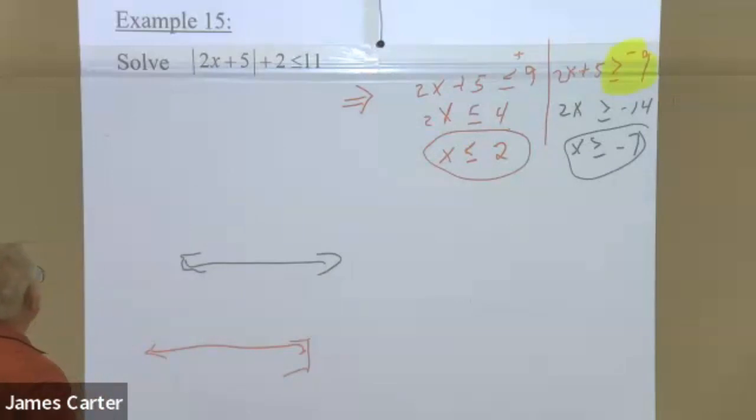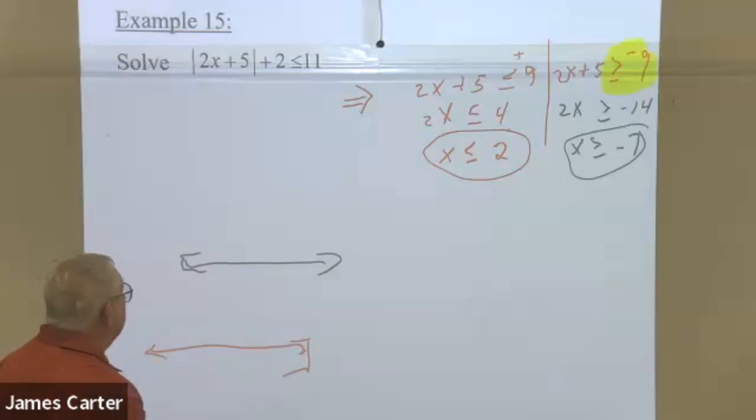Another one with absolute values, a little more complicated. First thing we do is we take the 2 over to the other side. -2, that's where these 9s came from. The plus or minus, remember when I do the minus side, I have to flip symbol. So I did that. I subtract 5 on both sides, get 4, divide by 2, and I get x is less than 2.